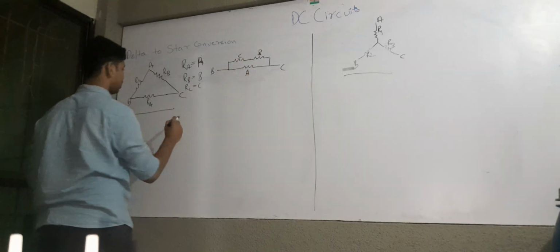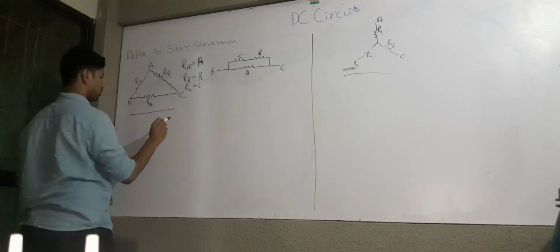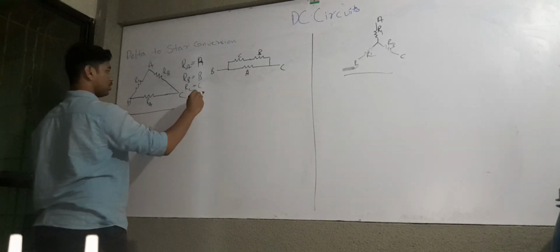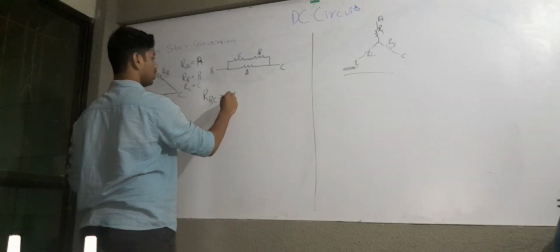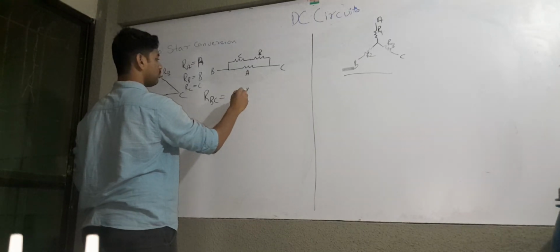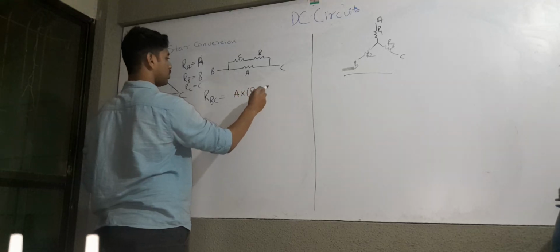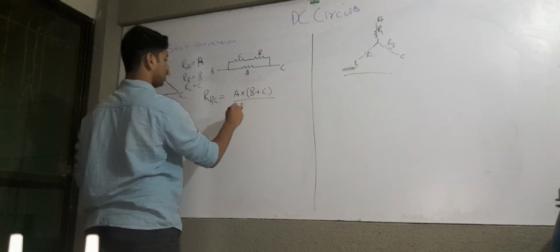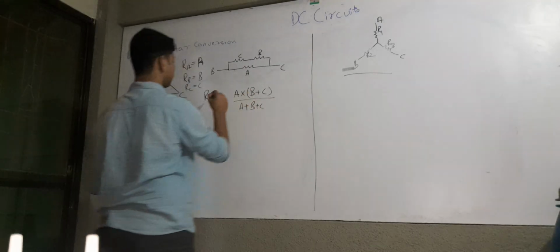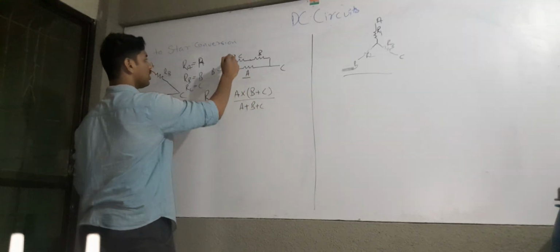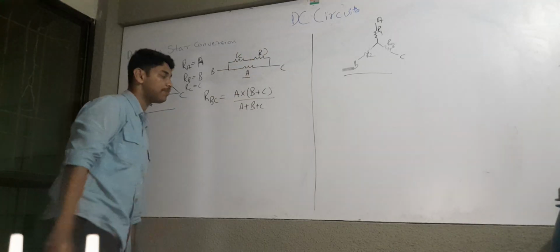So RBC is equal to A times B plus C divided by A plus B plus C, which is simply the parallel of this and these combined.